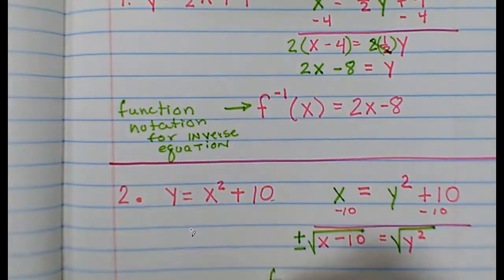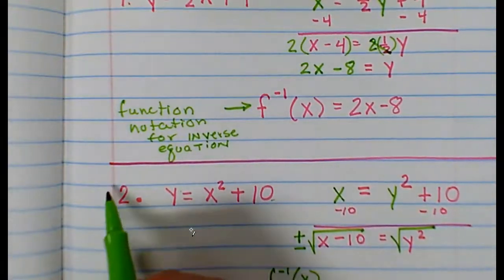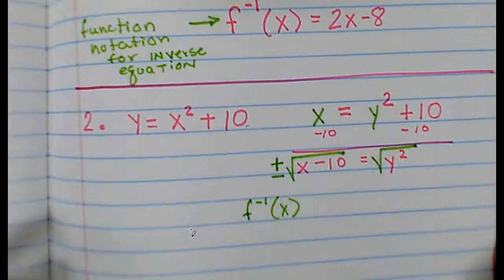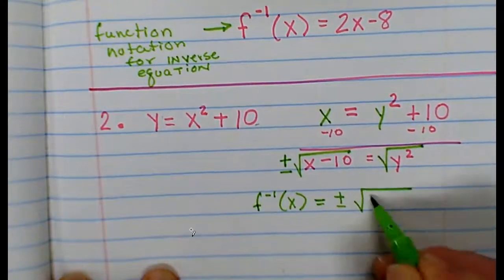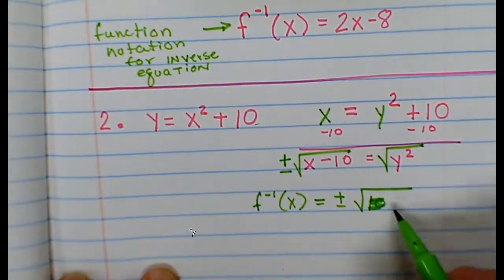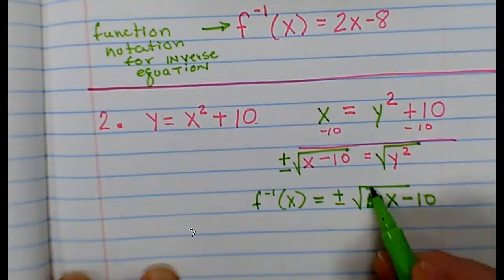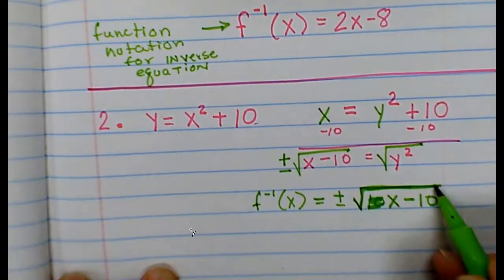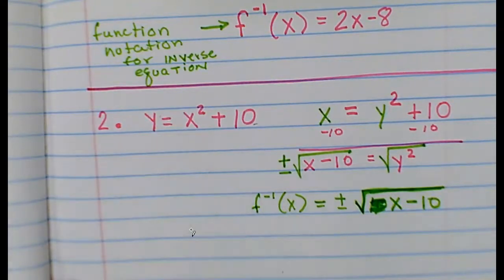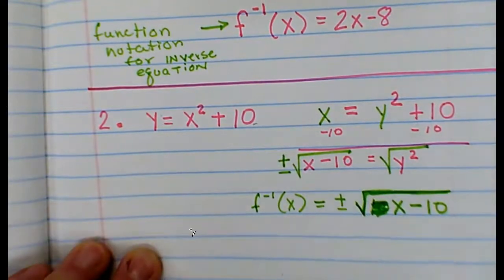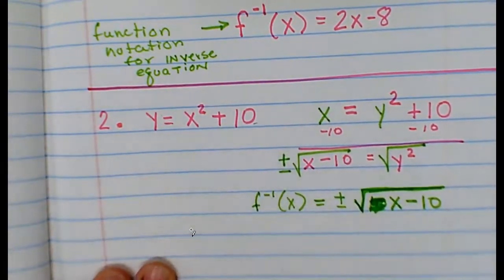So the inverse of the function we started out with is plus or minus the square root of x minus 10. Is that too hard? And what does this little f negative 1 mean? That is the function notation for an inverse.